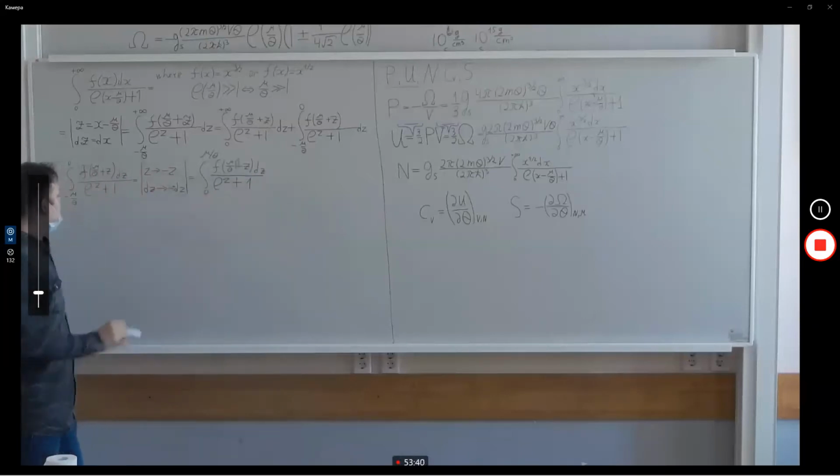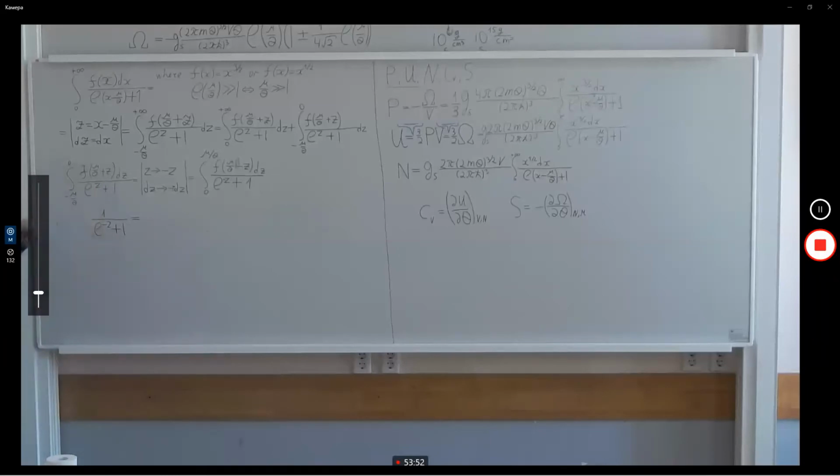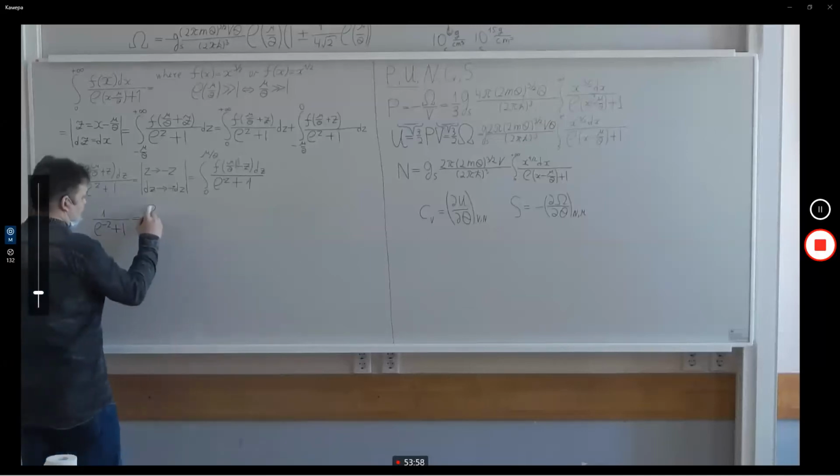And now I transform this exponent. One over exponent to the minus z power equals, I multiply both the lower and higher part of the fraction by exponent to the power z.